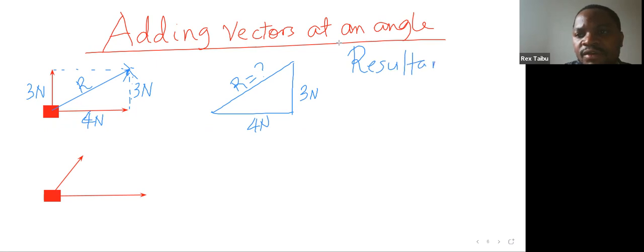Resultant is the net force you're looking for, or the net vector. So you're going to use Pythagoras theorem.